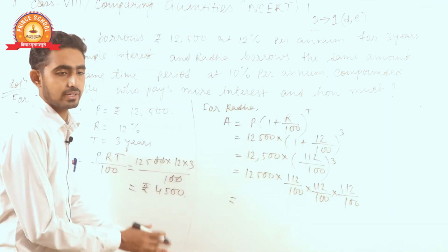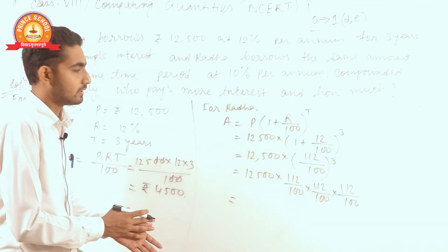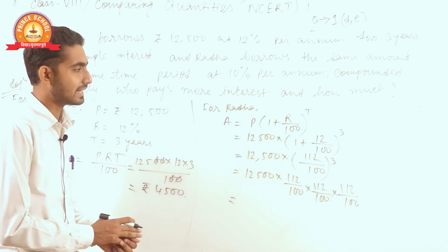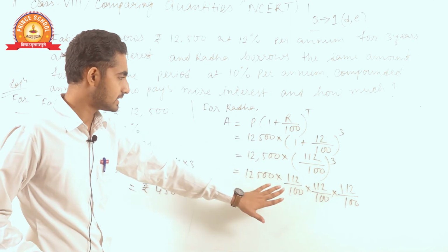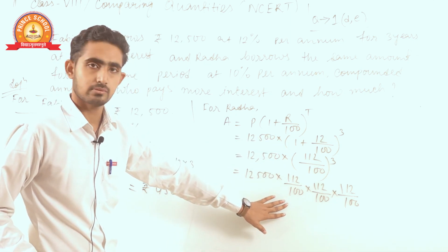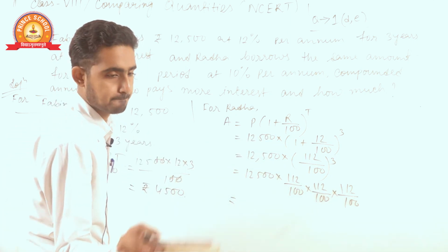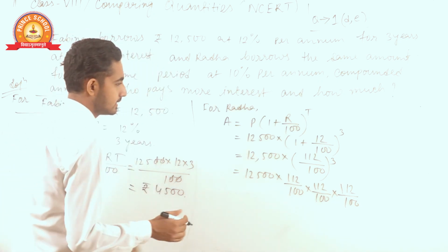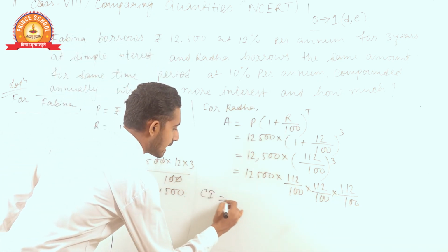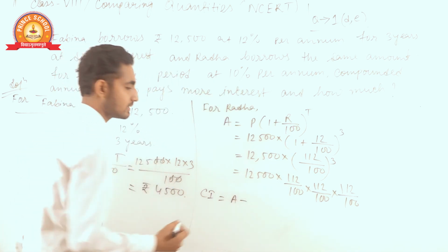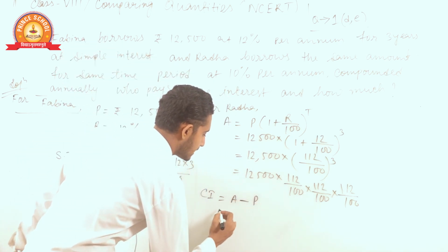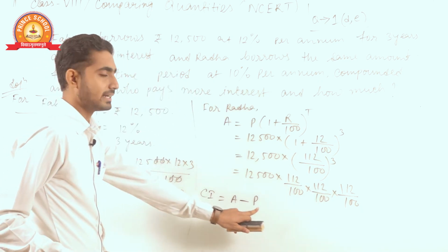I will not solve here because one thing we can do directly, that is the amount. Let me stop this amount here, okay. And CI is equal to amount minus principal.